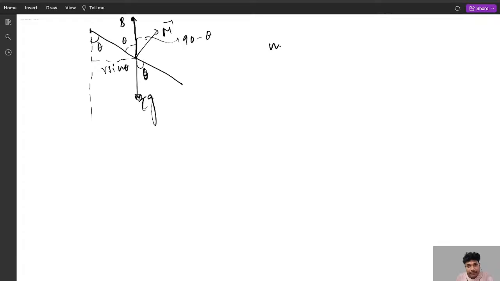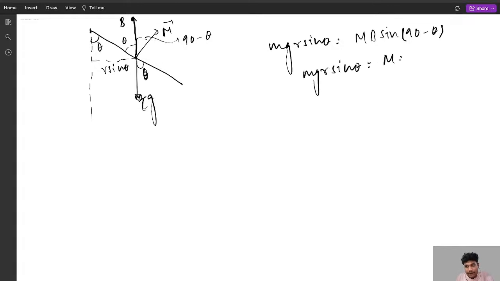From here we get mg r sin theta equal to mB sin(90 minus theta), that is mB cos theta. From here we get tan theta equal to mB upon mgr.